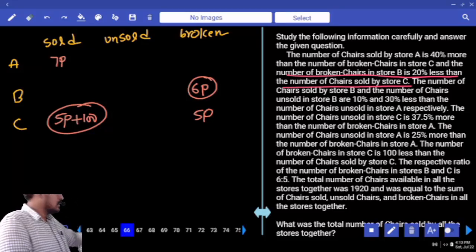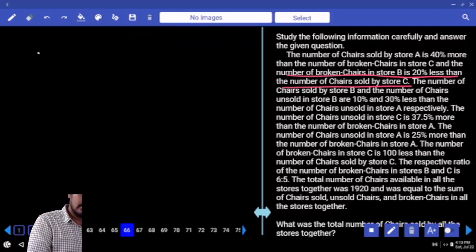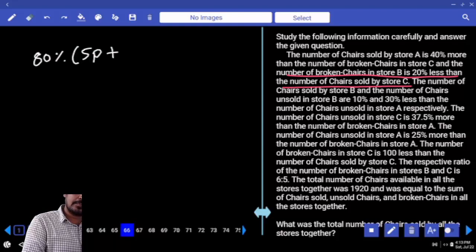Means 6 parts is 20% less than which one? 5 parts plus 100, meaning 80% of which one? 20% less means 80% of 5 parts plus 100, that is equal to how much?